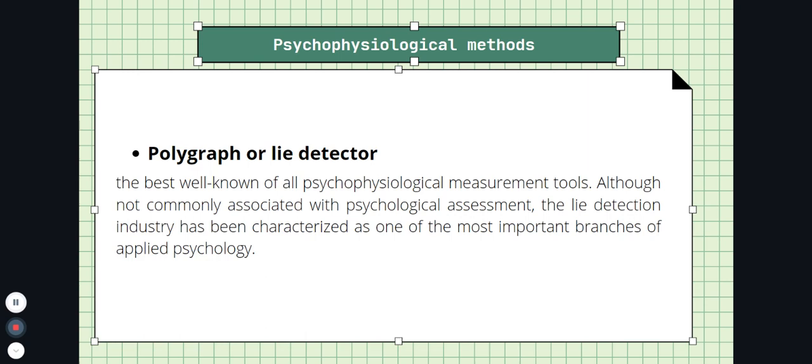Based on the assumption that detectable physical changes occur when an individual lies, the polygraph provides a continuous written record, variously referred to as a tracing, a graph, a chart, or a polygram of several physiological indices, typically the respiration, the galvanic skin response, and blood volume or pulse rate.